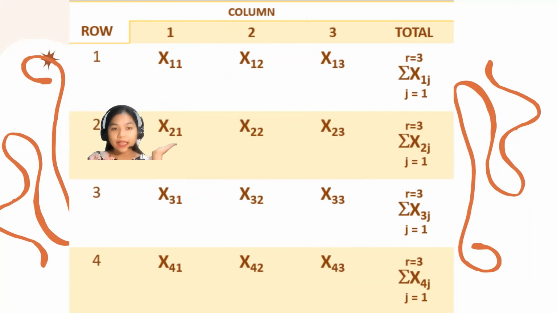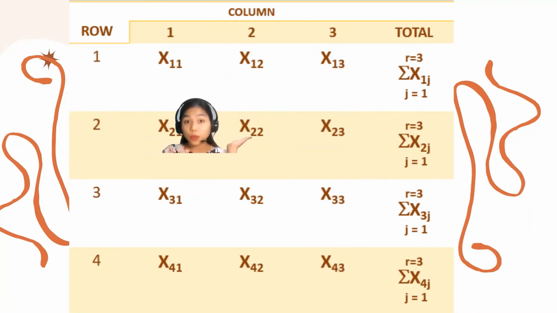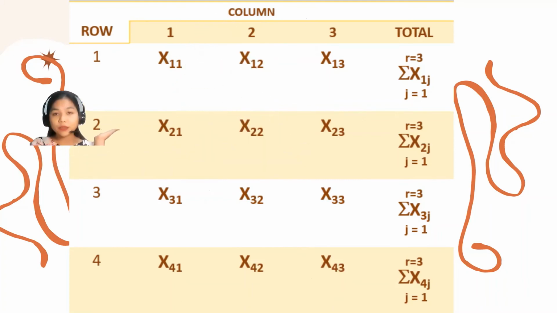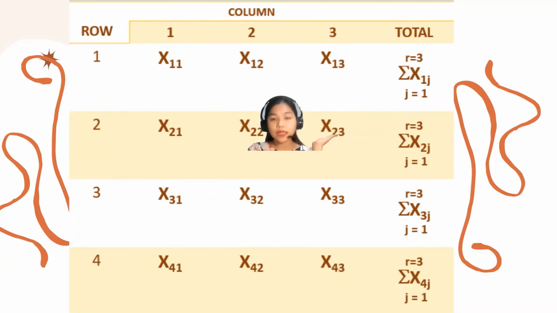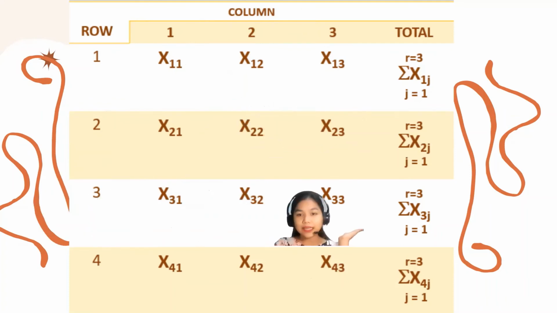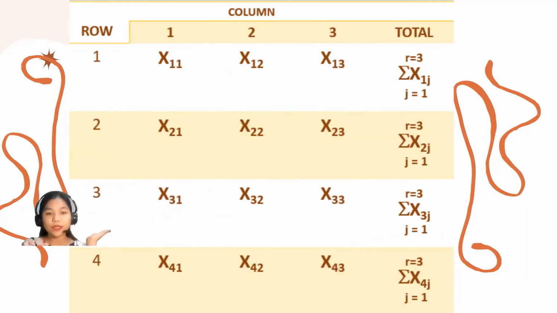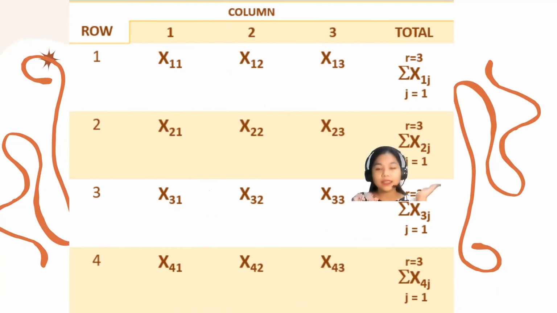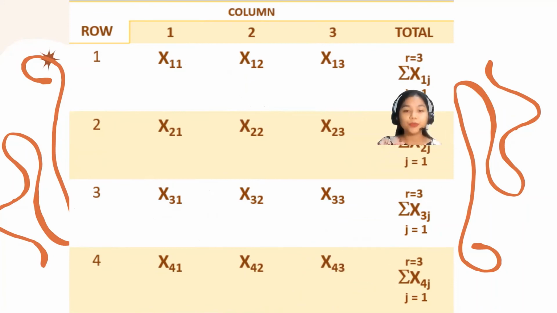So Xij, X, row 2, column 1, row 2, column 2, J is 2. So I is 2, J is 3. So 2, 3, X, row 2, column 3. You would do the same for the third row and the fourth row, right? So it's very easy to do this.